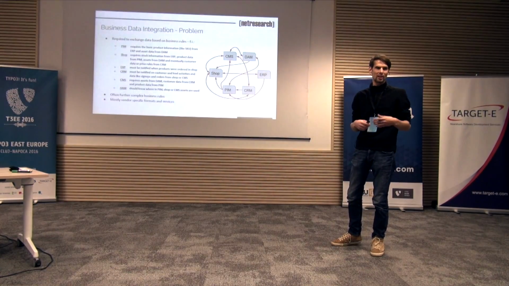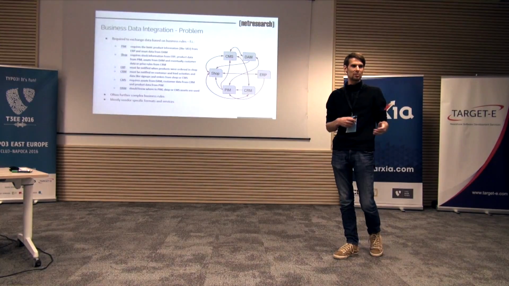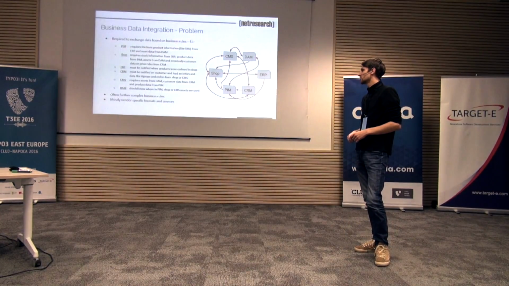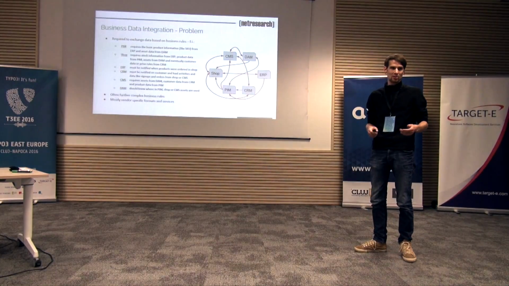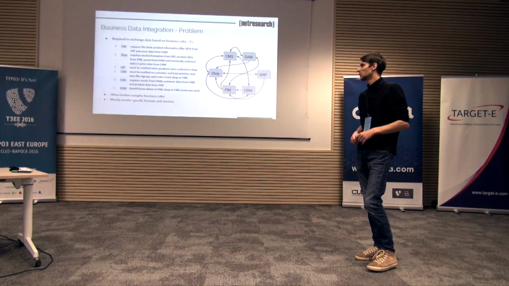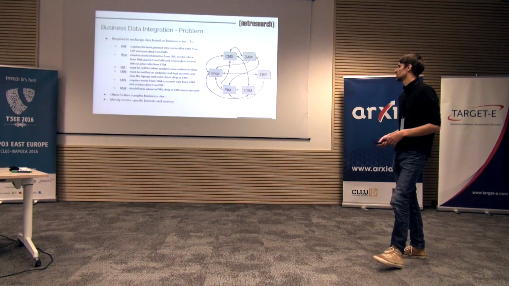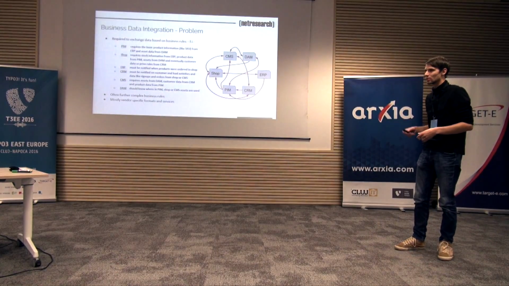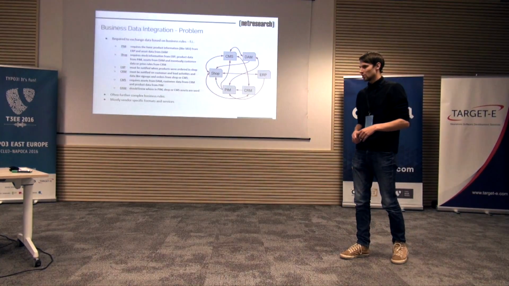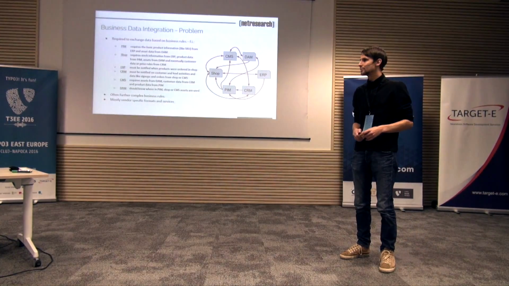I think you get the point, more or less. They need to know a lot about each other, and in reality, those business rules are mostly even more complex, and you get something like the spaghetti knot on the right side when you draw it.